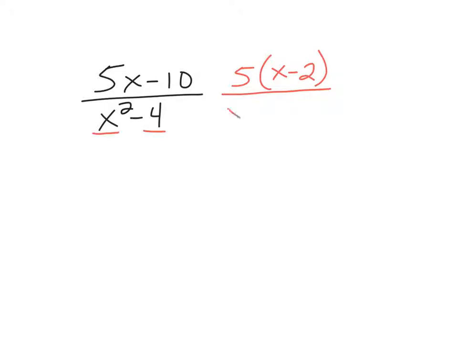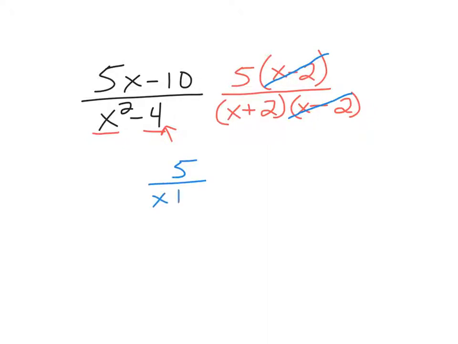So, I'm going to use the reverse of FOIL and have an x and an x, because the square root of x squared is x. The square root of the 4 is equal to 2, so the second term in each set of parentheses is a 2. One of these is add, one of these is subtract. Once again, now I have a common x minus 2 factor in the numerator and in the denominator. So I can factor those out, and I am just left with a final answer of 5 over x plus 2.